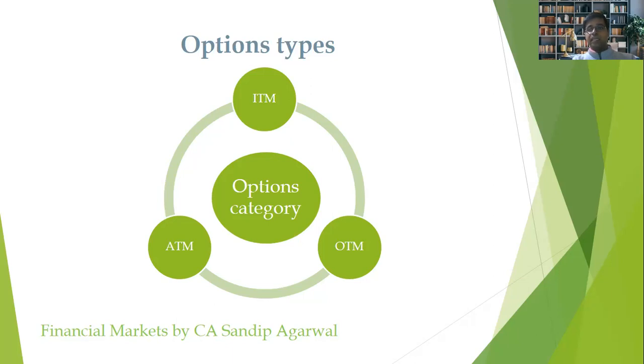One is ITM, which is in the money. Another is ATM, which is at the money. And the third one is OTM, which is out of the money. We will cover these aspects by way of a practical example in the next slide. Just remember these three terms, which will help you to understand the next few slides.